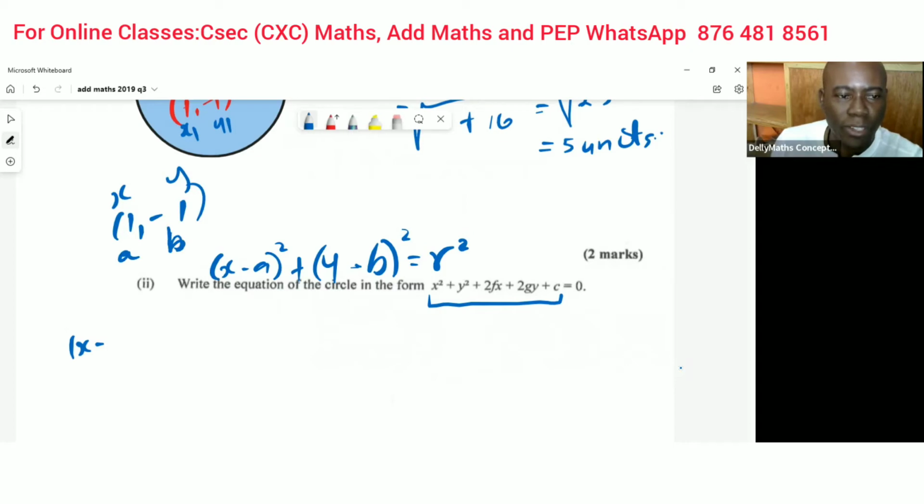So I'm talking x minus 1 squared, plus y minus, but this is also a minus, so I'm going to have y minus -1, squared. And this is going to equal r squared, but we just found r to be 5, so it's 5 squared.